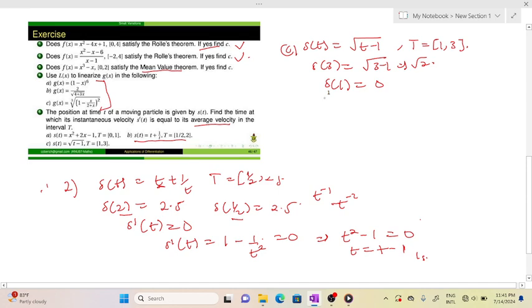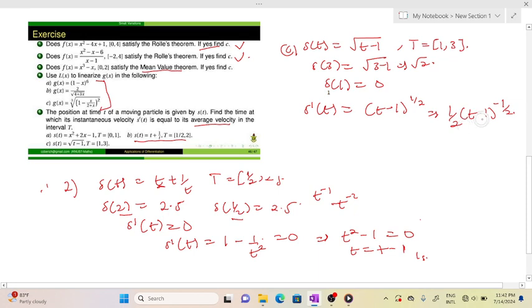Then I take my derivative, s prime of t. So this is the same as t minus 1 to the power half. This is a composite function, so obviously I'm going to have 1 over 2 multiplying t minus 1 all to the power negative half. Is that not it? And when you multiply by the inner function's derivative, which gives us 1, there is no need to go further.